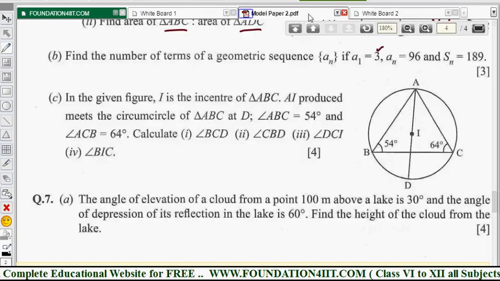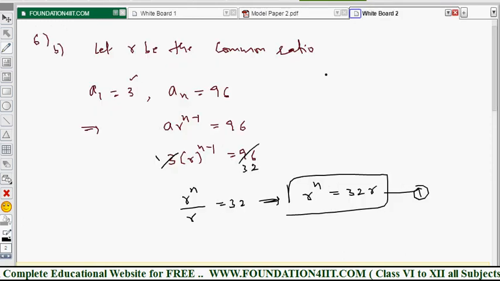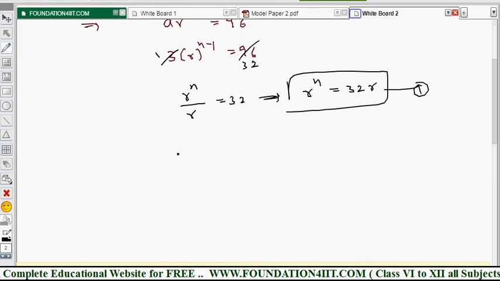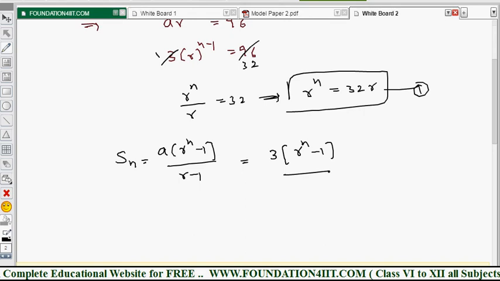Now if you see here, Sn is given, sum of n terms is 189. Now let's take this Sn, sum of n terms, you know it. Then Sn formula is A into R to the power n minus 1 by R minus 1, right? So A is already given 3, and R to the power n minus 1 by R minus 1 is equal to 189.